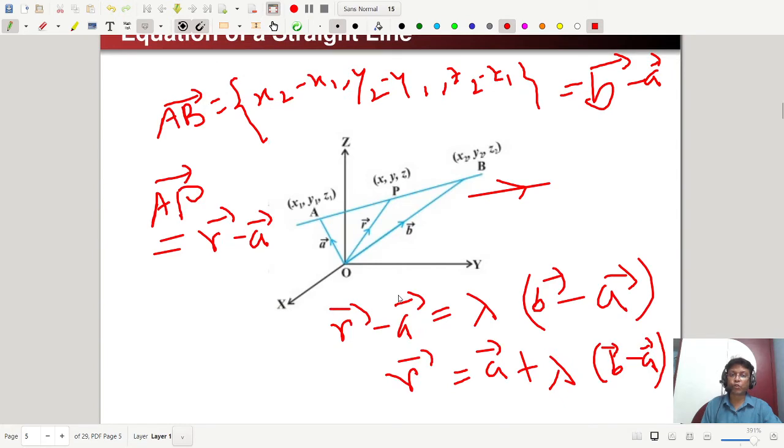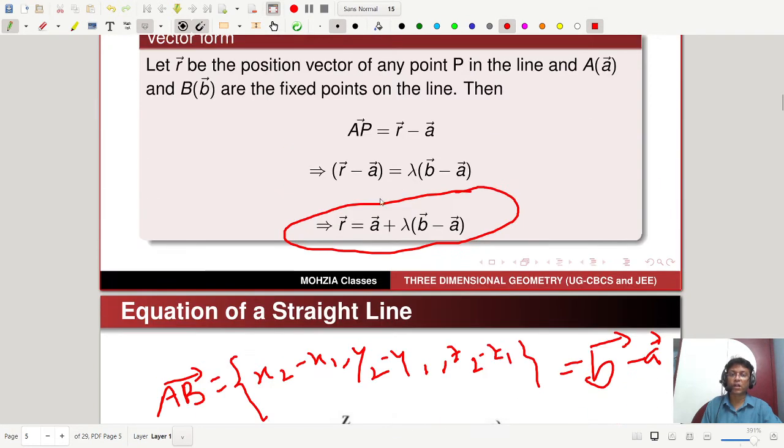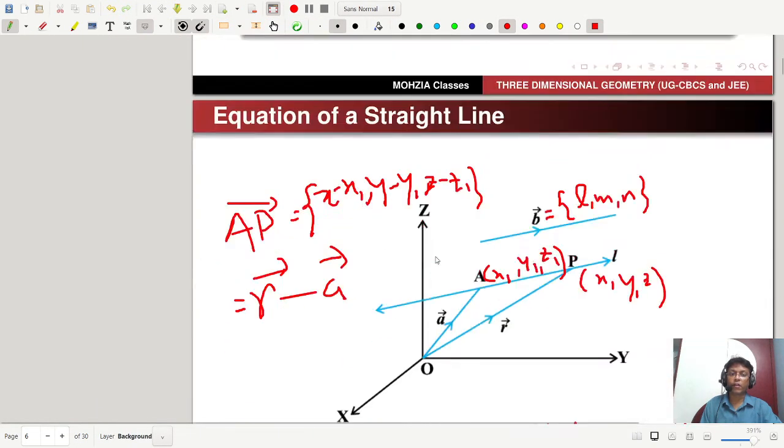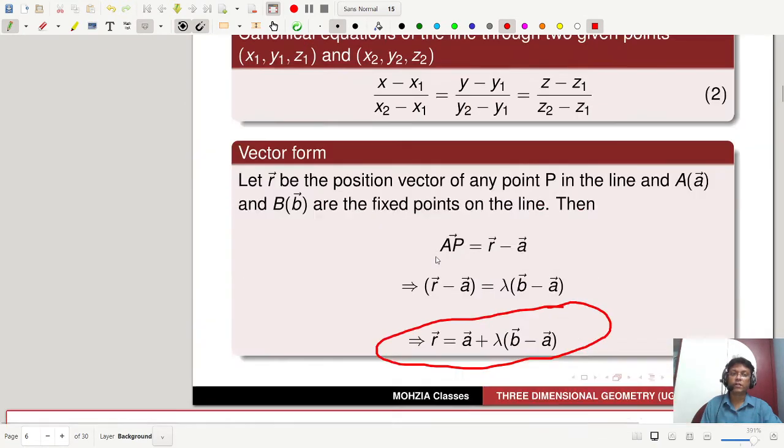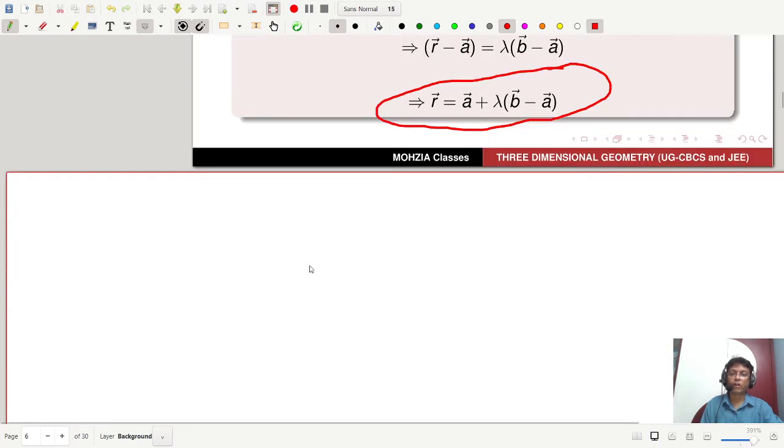Let me show you. This is the Cartesian, this is the vector equation. How to convert the vector equation to the Cartesian form? This is the form. Now your R is replaced by x, y, z, right? And A is replaced by x1, y1, z1, right?